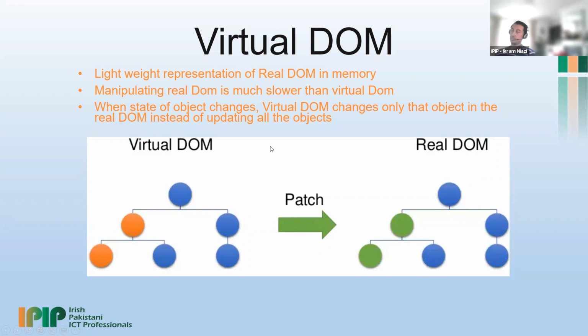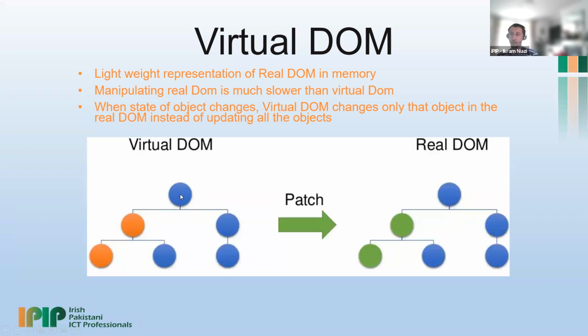And in Angular, it manipulates the real DOM. So manipulating the real DOM is a little bit slower than virtual. And when the state of the object changes, the virtual DOM only changes that in the real DOM. So let's say it's unidirectional, and it's kind of a tree hierarchy in React.